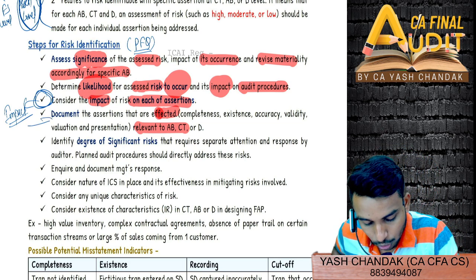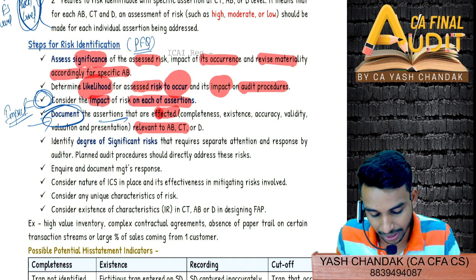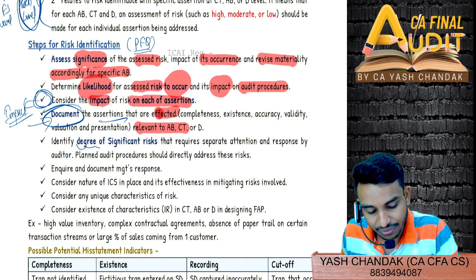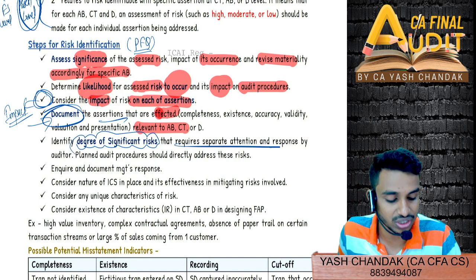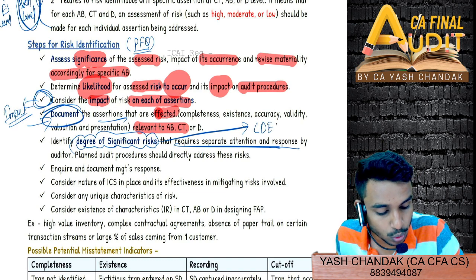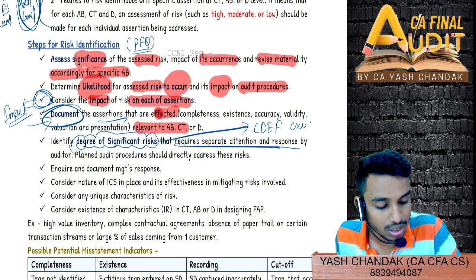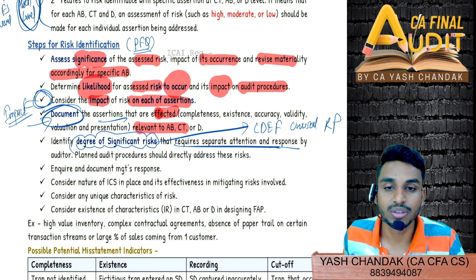So document the assertions that you feel will be impacted, and then you will have to identify the significant risk which requires special audit consideration, special attention and response. That means those risks which were related to CDEF, unusual related party, right? Just now what we revised.